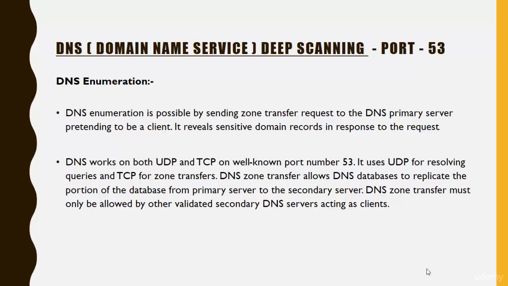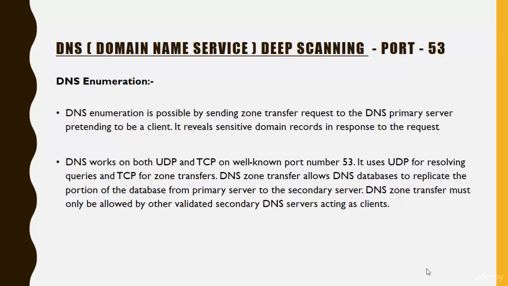DNS works on both UDP and TCP. Like LDAP works on UDP, SMTP works on TCP, but DNS works on both TCP and UDP on port number 53. It uses UDP for resolving queries and TCP for zone transfer. A DNS zone transfer allows DNS databases to replicate a portion of the database from the primary server to the secondary server.